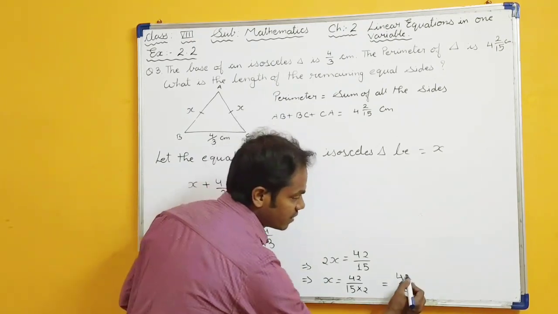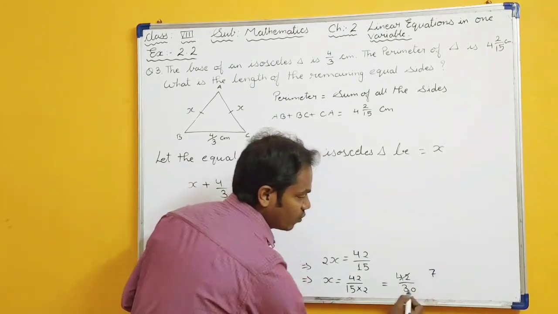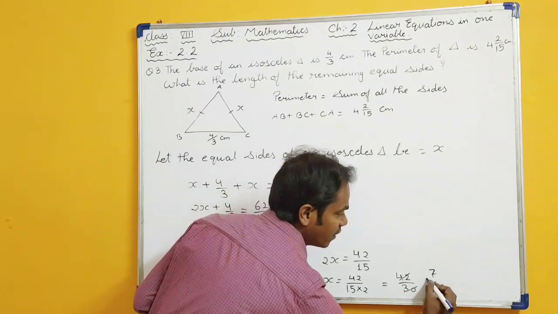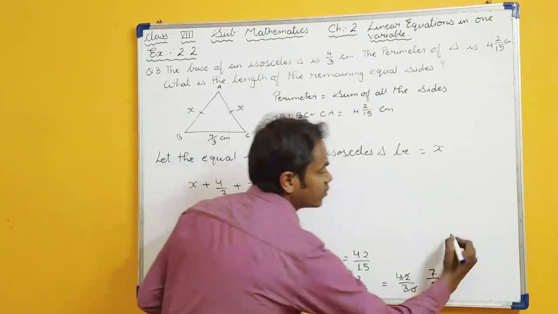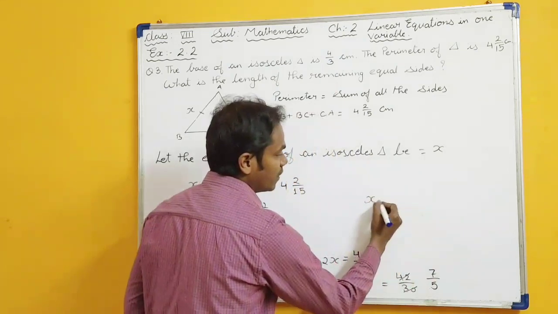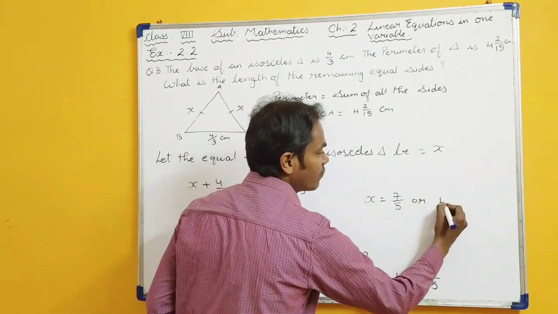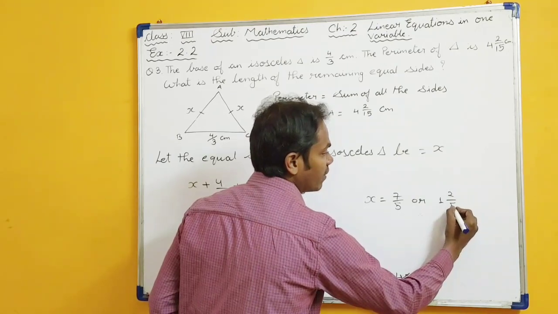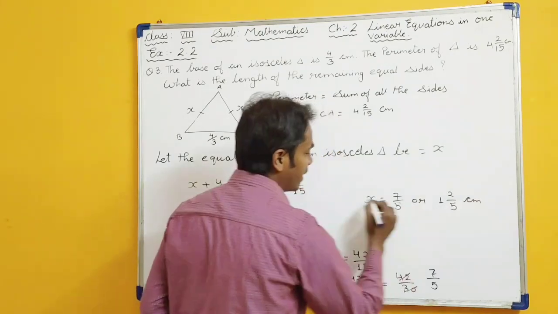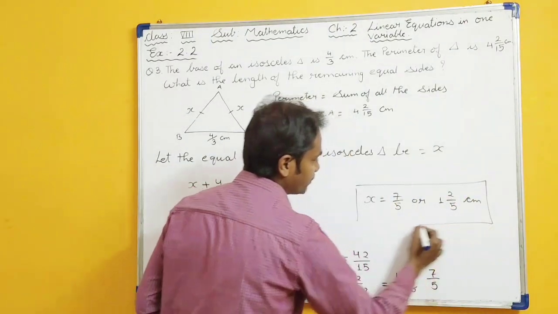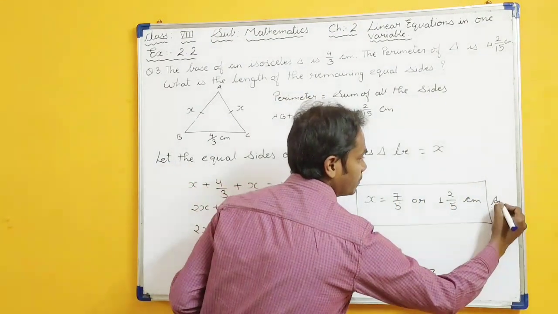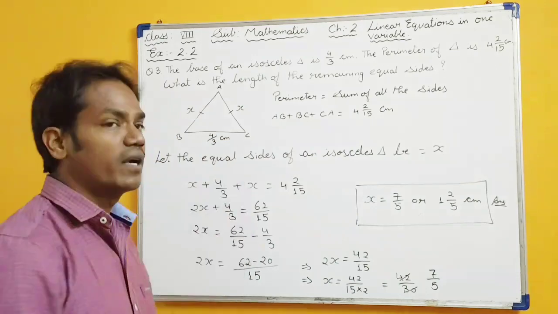I am reducing this. 6 7s are 42 and 6 5s are 30. So 7/5. So your x is equal to 7/5, or you can say 1 2 upon 5 centimeter. This is your solution. This is question number 3.